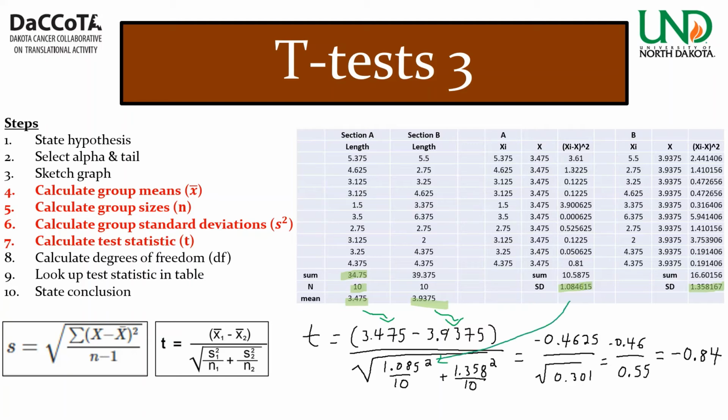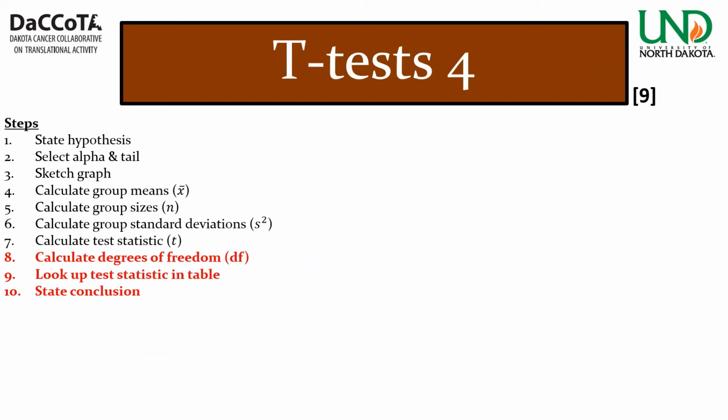So throw that in there, throw this one in here, square it, and then divide by our number n. So 10 gives us minus negative 0.46 essentially, and then the square root of that is 0.55. So we have this division that gives us negative 0.84. So that is the number of our t-test statistic, or t-value as it were.